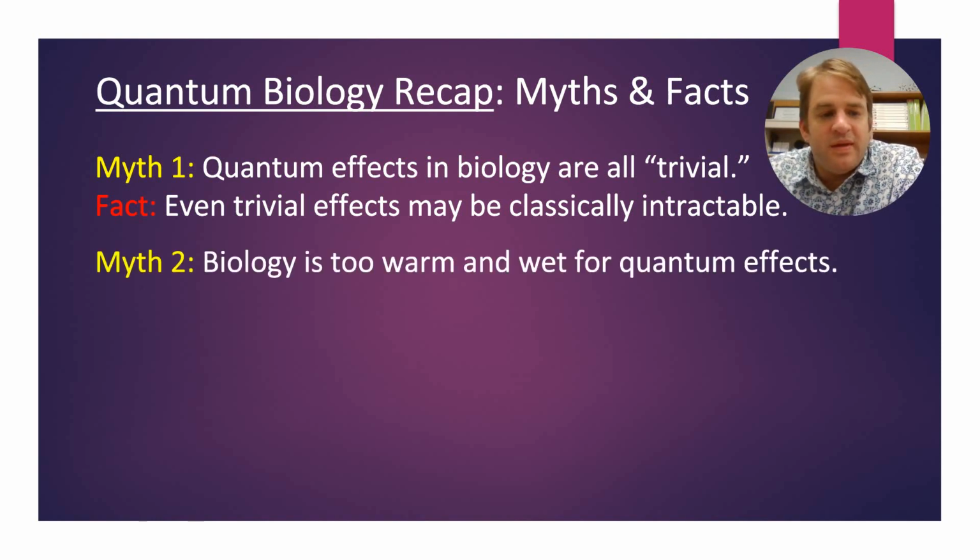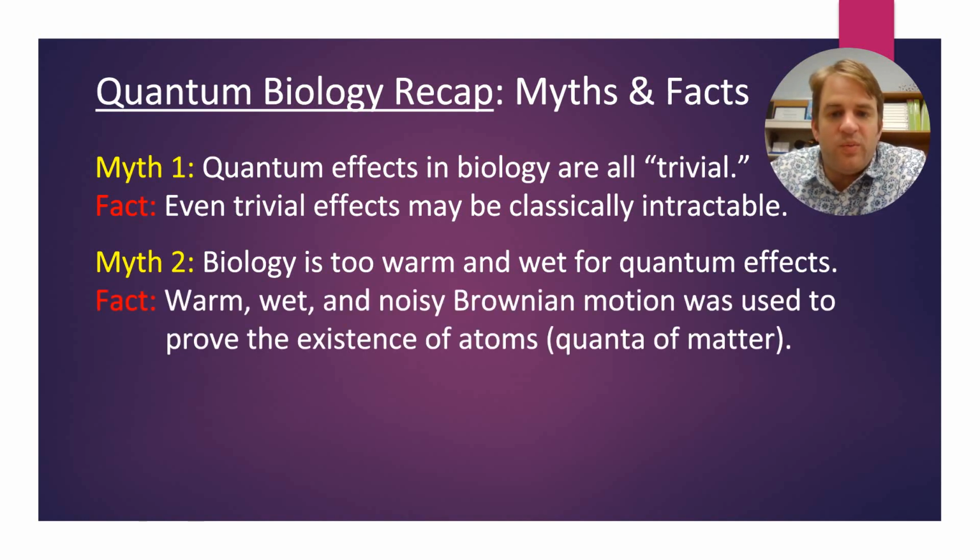It's sometimes been claimed that biology is too warm and wet for quantum effects. Well, in fact, warm and wet systems are where quantum mechanics was discovered. Brownian motion, the theory of movement of these systems on a molecular scale, was in fact used by Einstein to predict the existence of atoms.